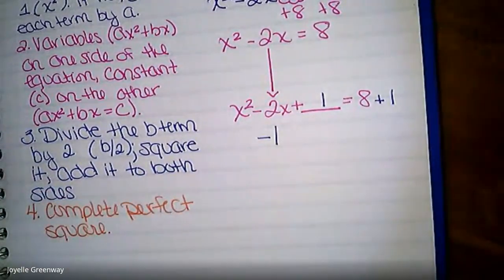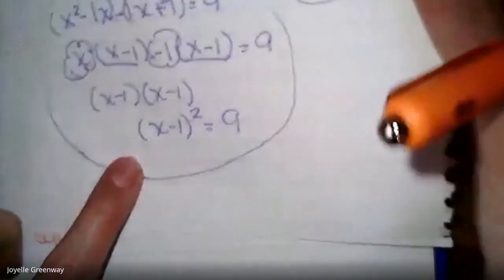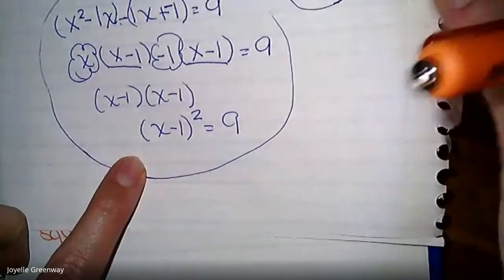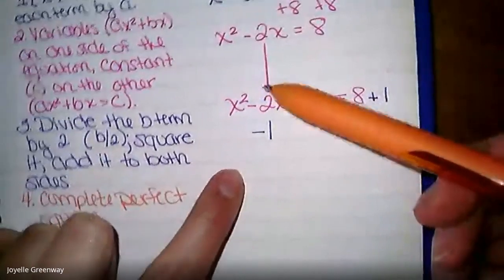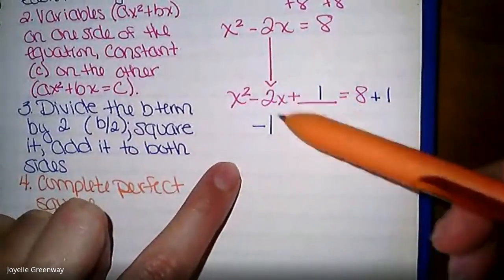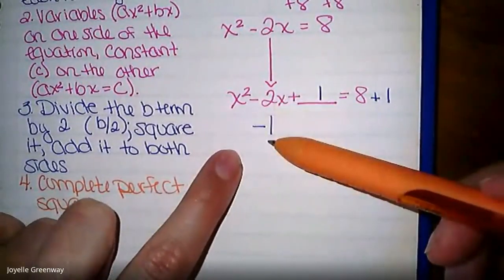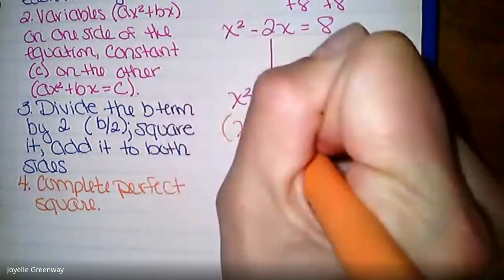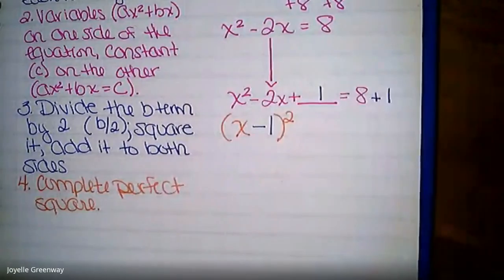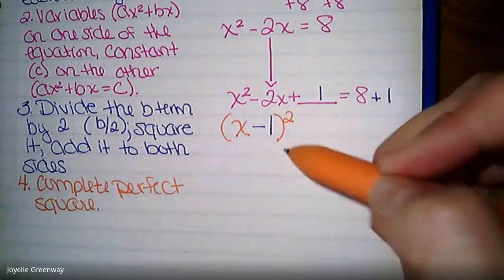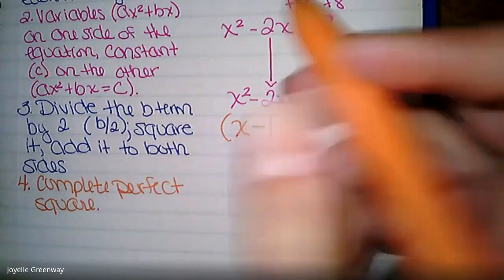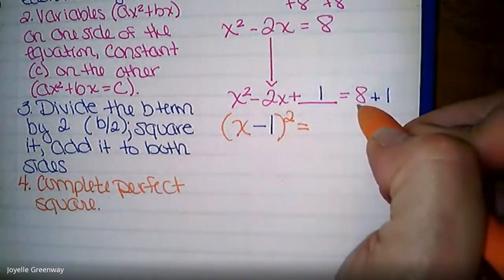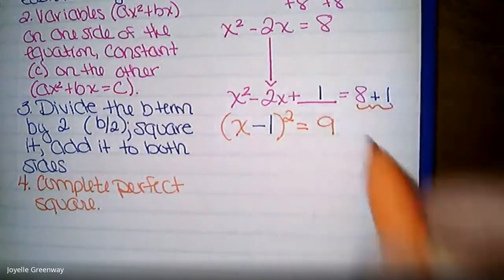So remember, right, we had x minus 1 quantity squared equals 9. And over here, we wrote half of b, which was negative 1, and I told you just to write that underneath it. So then we just do this. X minus 1 quantity squared, equals, and then 8 plus 1 is 9.